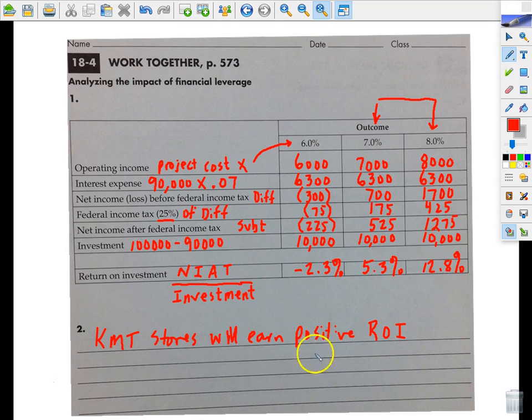We will earn a positive return on investment with increases of either 7% or 8%. Something along those lines. We definitely need more than 6% to make it worth our while.